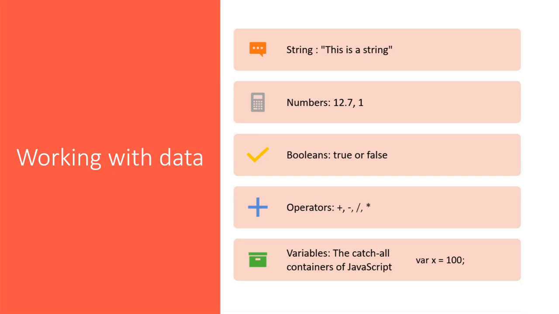Now we need to save a variable with some name so that we can call that name to use later in our code. To do that, we need to write var, then the name of that variable, equals to some value. This value can be any form of the data types we just looked at above.